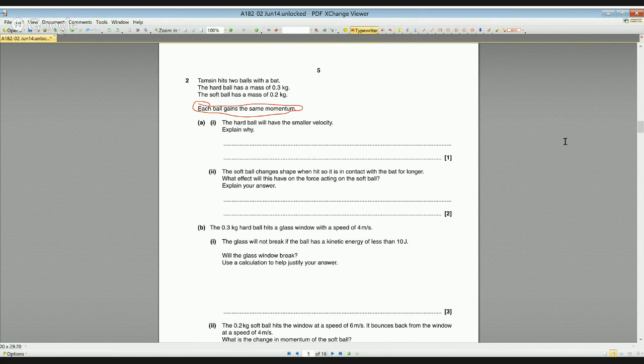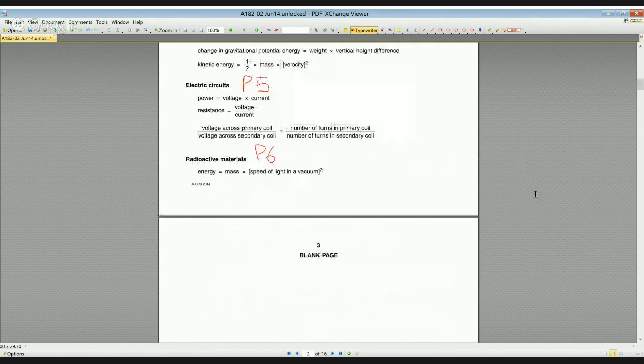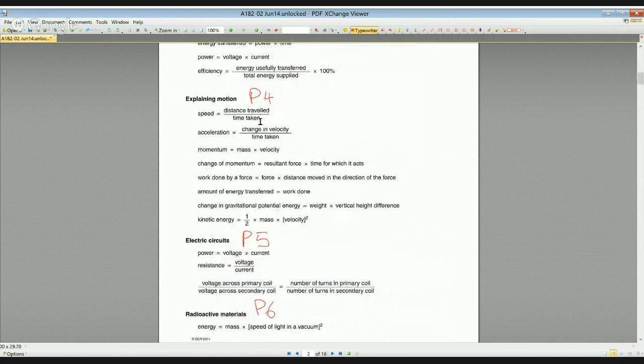Well, if both balls have gained the same momentum, then we need to use the equation for momentum, which if we go back to the P4 equation sheet here, we'll see momentum equals mass times velocity.